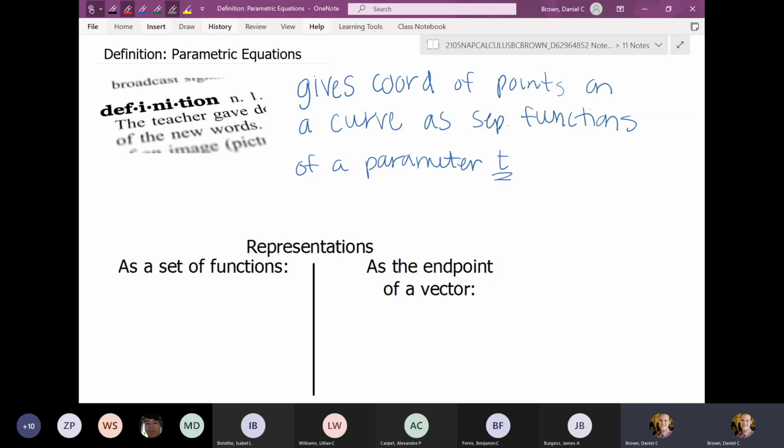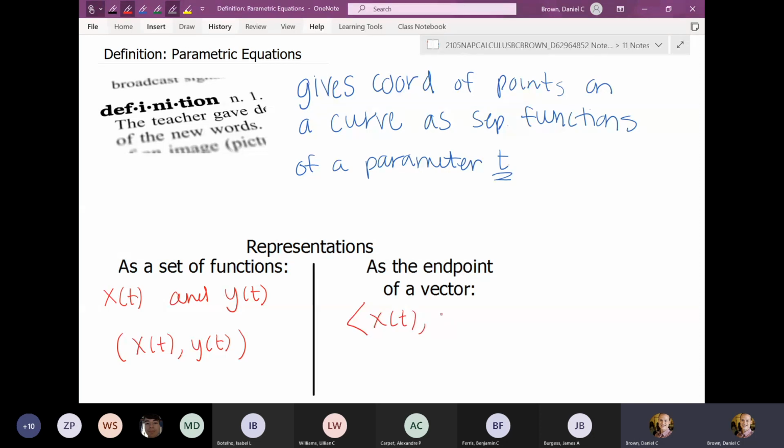There's different ways that we can write these. Sometimes they might just say, hey, here's the x coordinate's equation and here is the y coordinate's equation. Sometimes it'll be written more like a point, like x of t comma y of t. Sometimes we'll also write these as vectors, but the interpretation is the same.